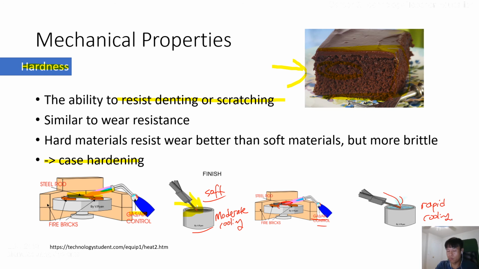That's one way they change the hardness of the material. Moderate cooling makes it soft, and rapid cooling makes it hard. So they do both, right? They heat up the material entirely, and then the second time they heat just the outside and do rapid cooling. That's called case hardening. Most metal products use case hardening.